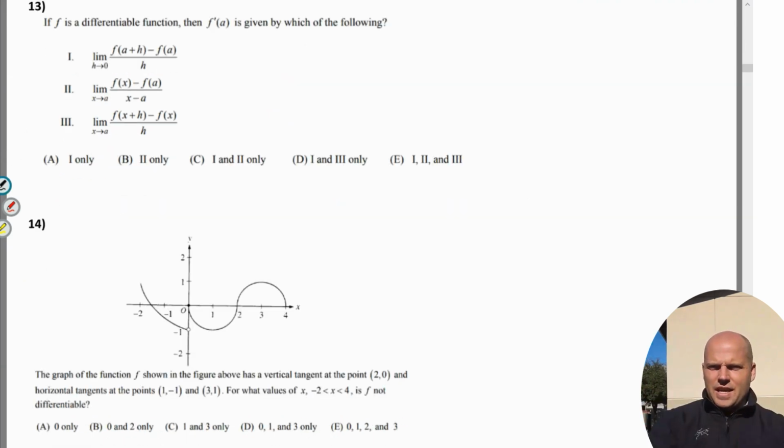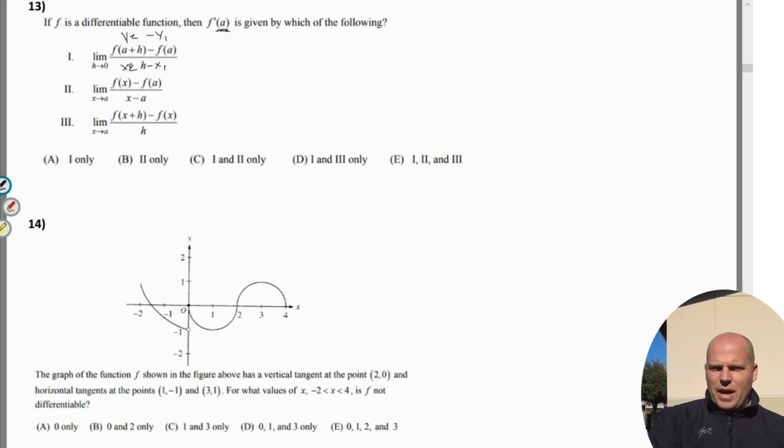Here, this is the idea of the marriage of the slope formula and the limit. You're looking for slope as 2 points are approaching the same point. We're looking for the slope at A. So this is the idea of y2 minus y1 over an x distance, x2 minus x1.